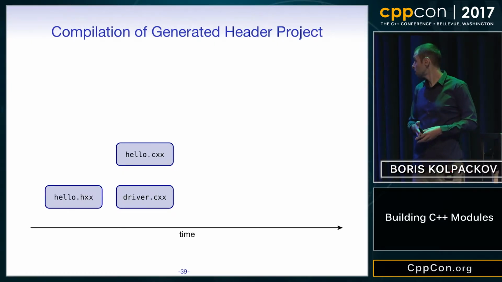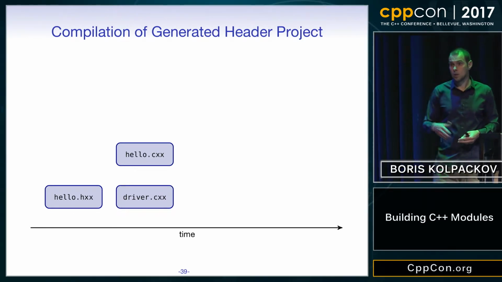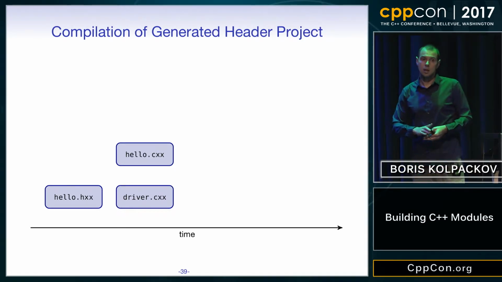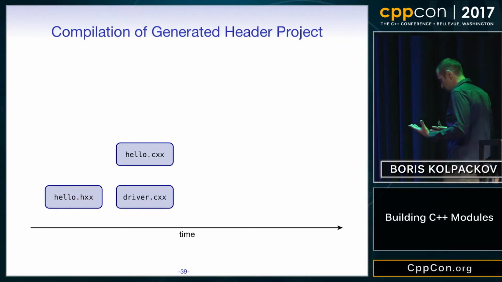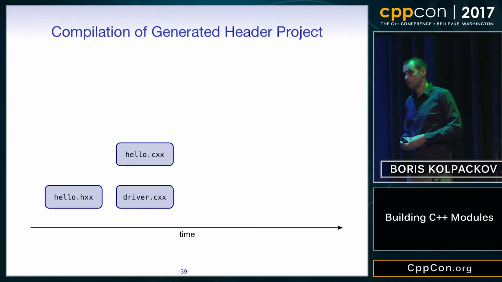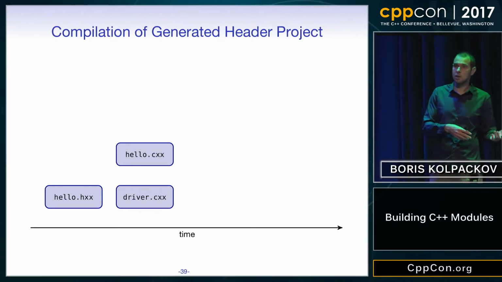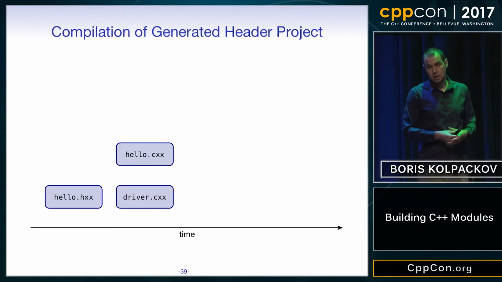So if, for example, hello is generated by some tool, it looks exactly the same as our modularized example. And so this might suggest that we can probably retrofit modules quite easily into existing build systems by just utilizing the same approach.